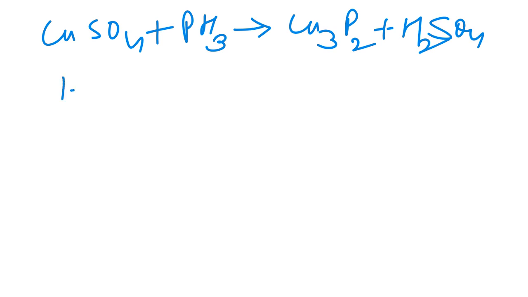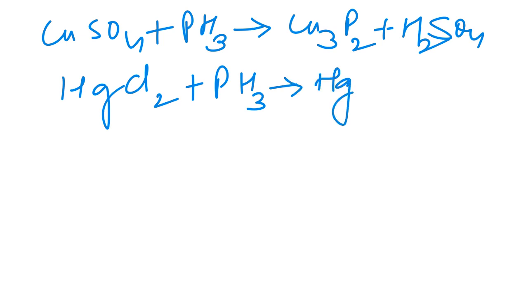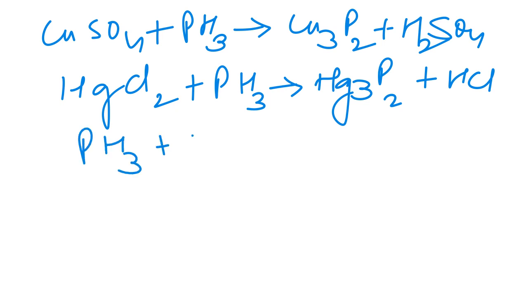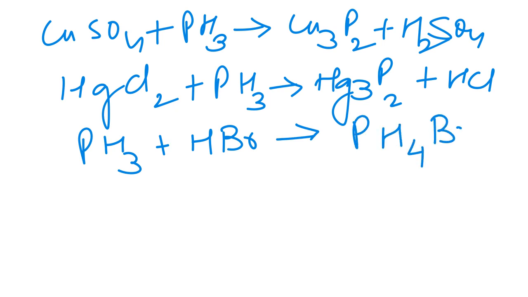Then reaction with mercury chloride with PH3 will give Hg3P2 plus HCl. It's very weak base, and if it reacts with acid, it forms phosphonium compounds. These are phosphonium compounds.